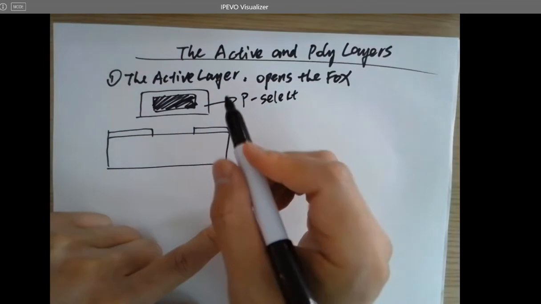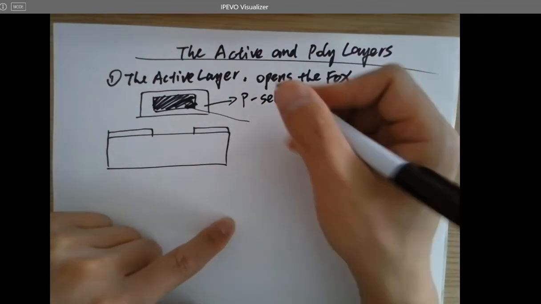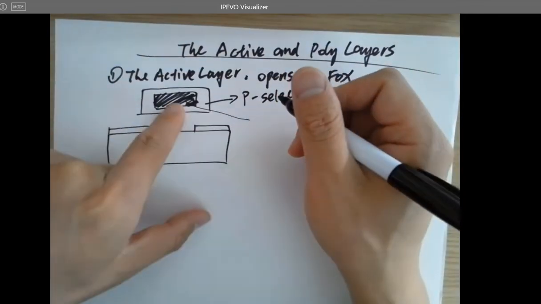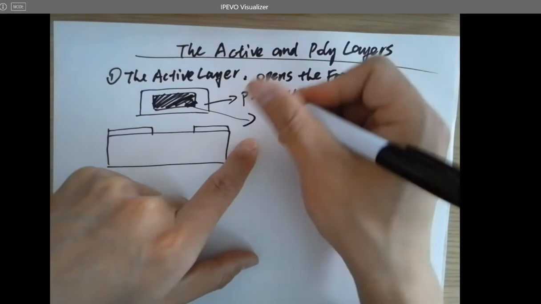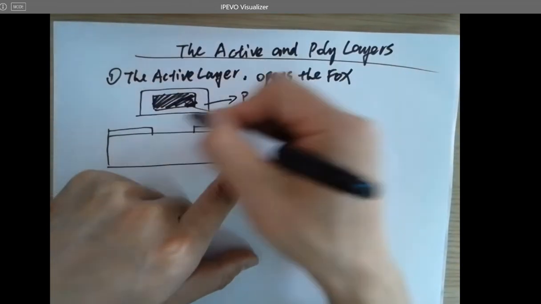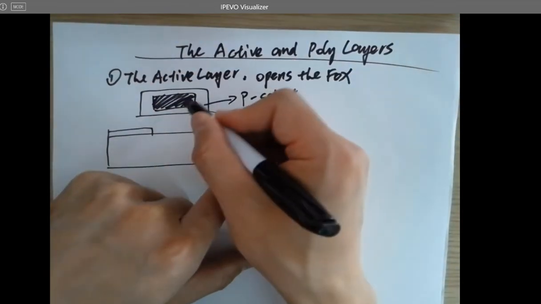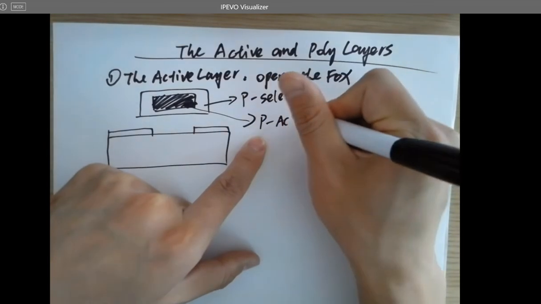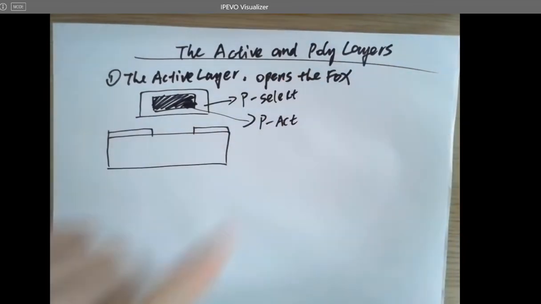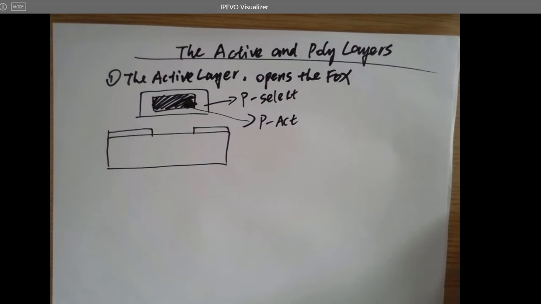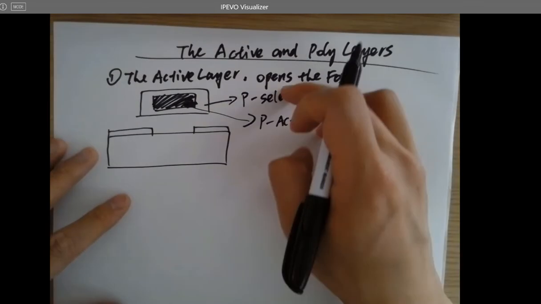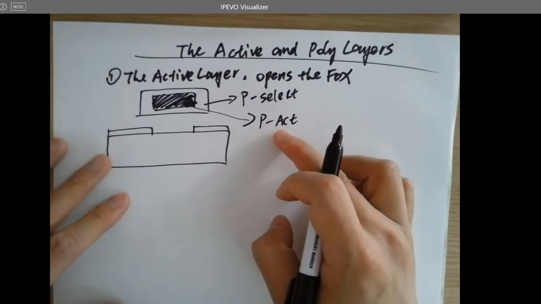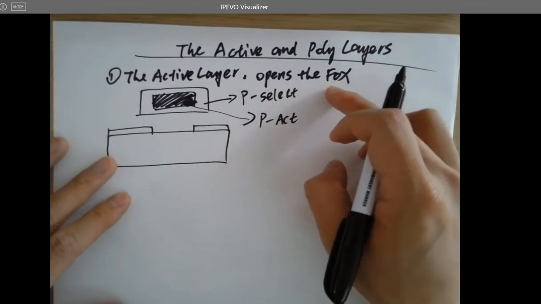You probably have seen this in electrical VLSI, or if you haven't, in the future, if you see that, you know what this means, right? So this is P select, which is the outside layer, and the inner layer is called P active, or P act for short. P select is always larger than P act, same as N select and N act.